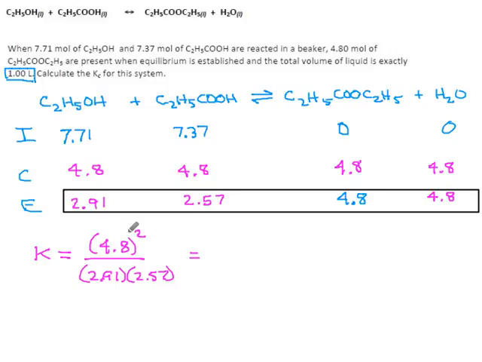Okay. 4.8 squared divided by 2.91, also divided by 2.57. I find that the equilibrium constant is 3.0807. How many sig digs are we keeping? 3, 3, 3. Is everything 3? Yeah. They're all 3, so 3.08 should do it for our constant.